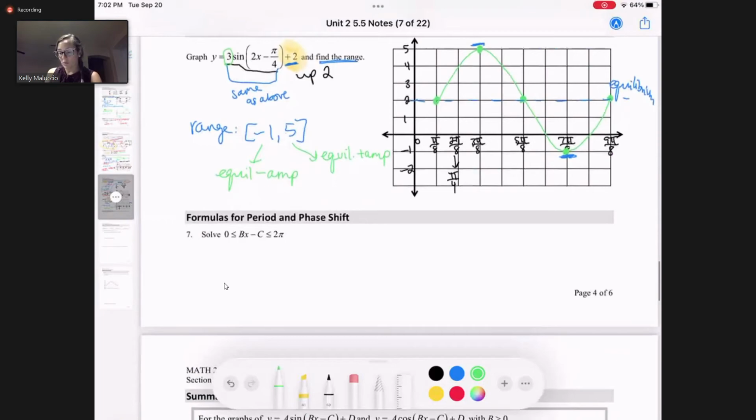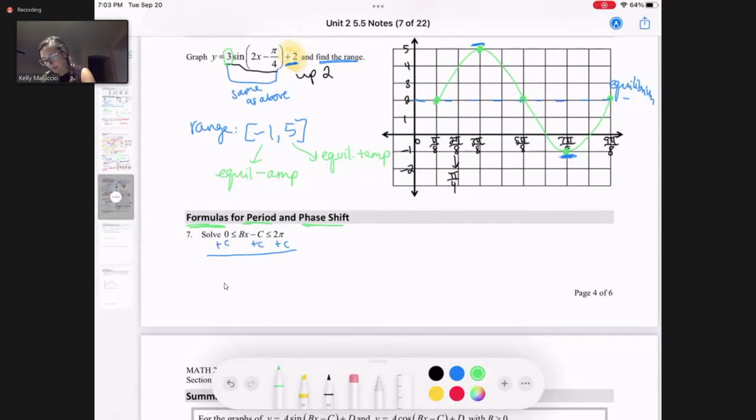Okay, so now to get this actual formula, this is what I think Jakob or somebody was mentioning before, right? To get this formula, we're gonna find a nice formula for period and phase shift, okay? And we're gonna see exactly what Jakob said, I think. So if I add C to all sides, that's what I do first, right?